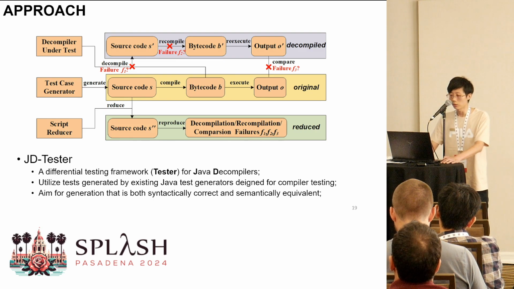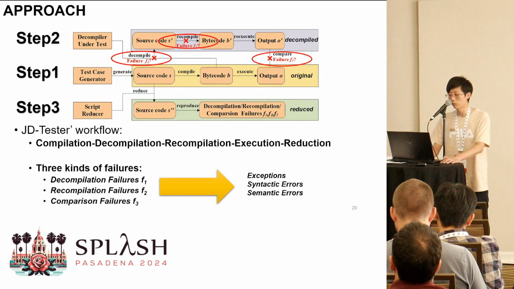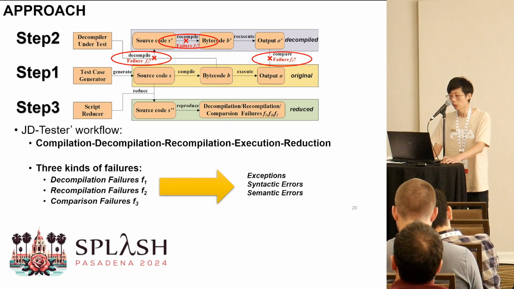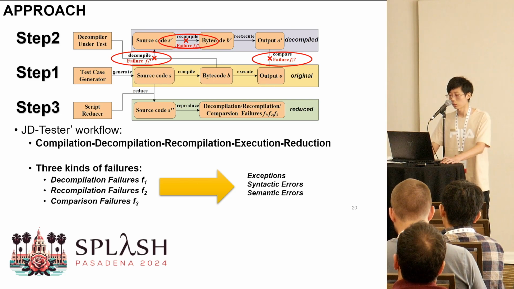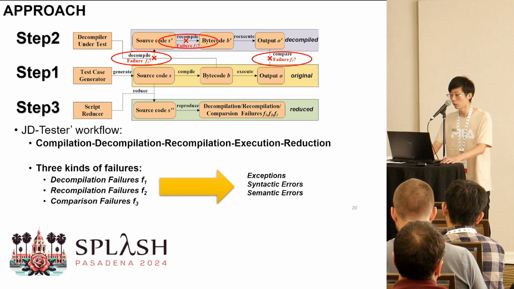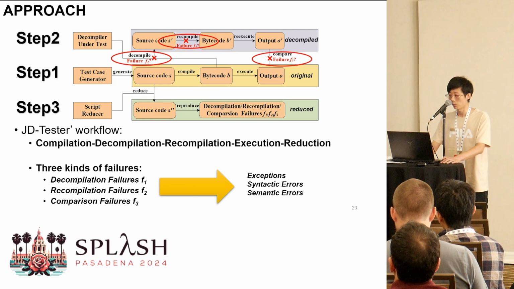JD-Tester follows a workflow of compilation, decompilation, recompilation, execution, and reduction. It collects three kinds of failures: the exceptions thrown in decompilation, the semantic errors reported in recompilation, and the comparison results indicating that the generated code and the decompiled code present different semantics.